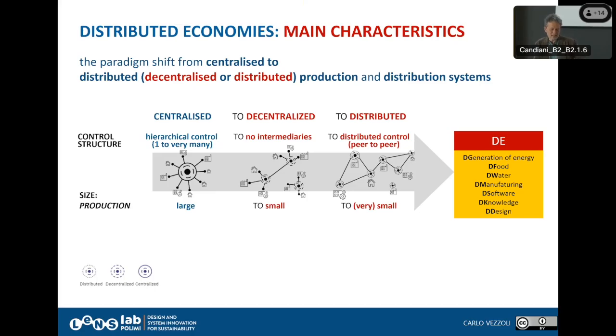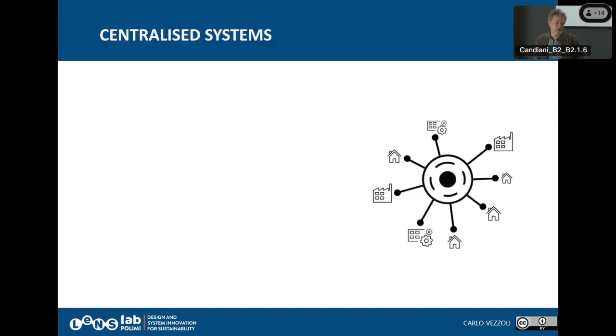The other characteristic that we saw, that I recap here in the graph, is the size or the scale of the production. We move from large, centralized, to small, to very small when it is distributed. And the distribution system moves from great or massive to light or to very light when we are speaking about decentralized and distributed.